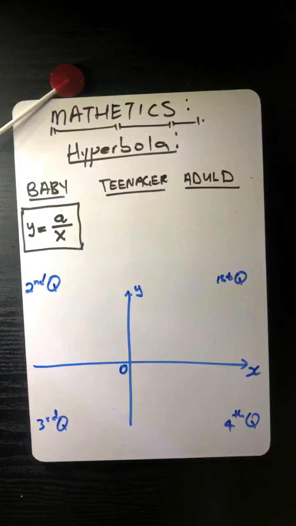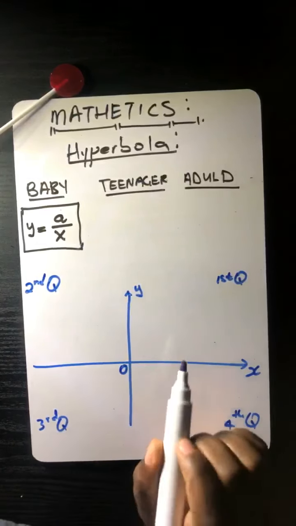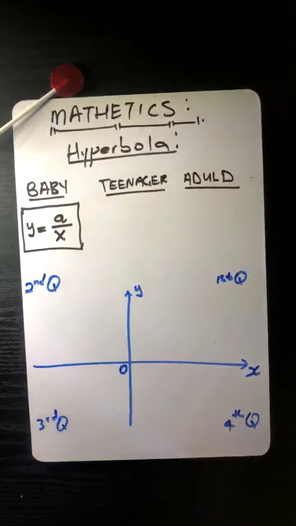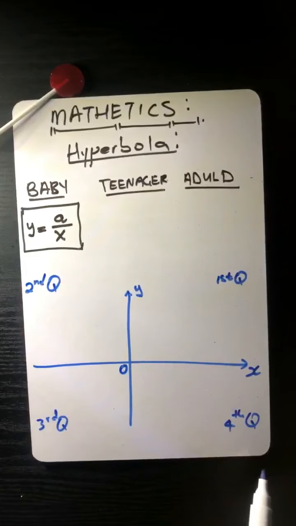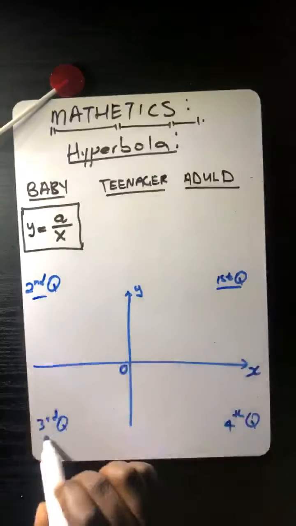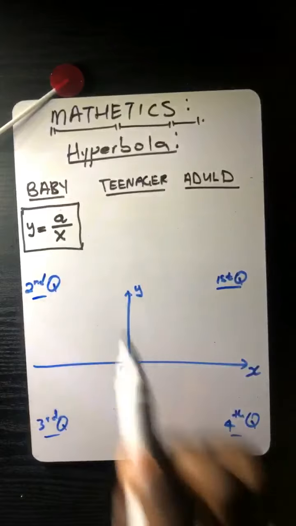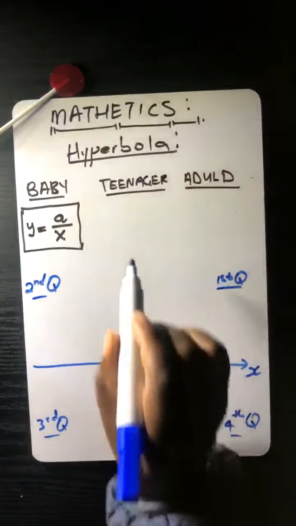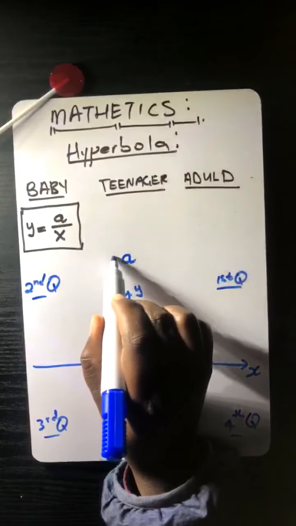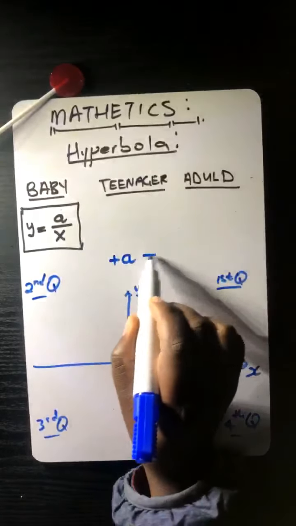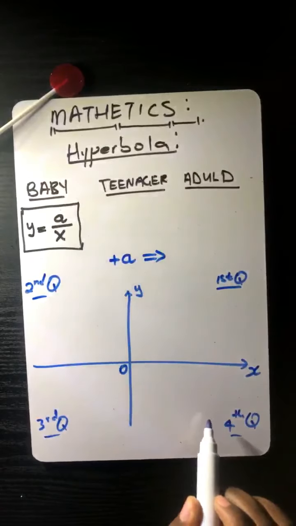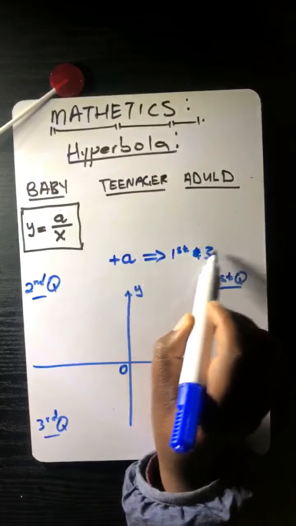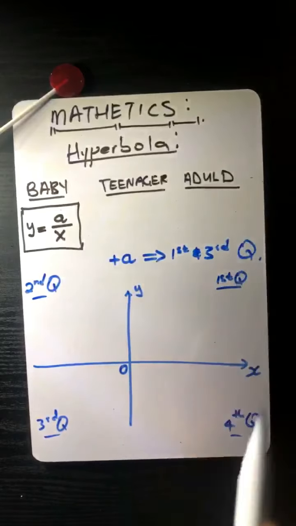So, ladies and gentlemen, what I'm simply saying is that this is what we call a Cartesian plane. A Cartesian plane has got the first, third, whatever quadrants. So now, on our hyperbola, if the A value is positive, then our hyperbola will be drawn in the first and the third quadrant.